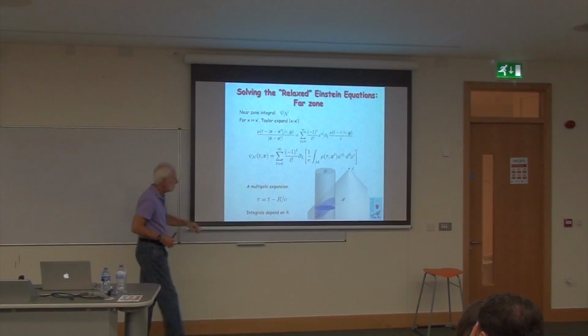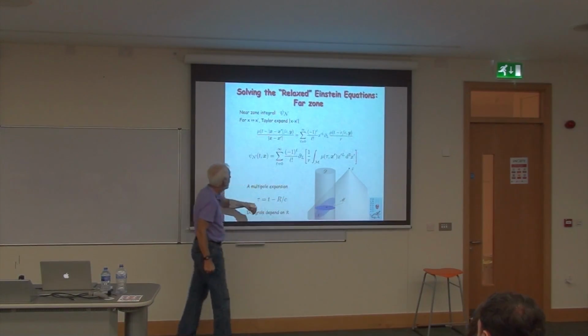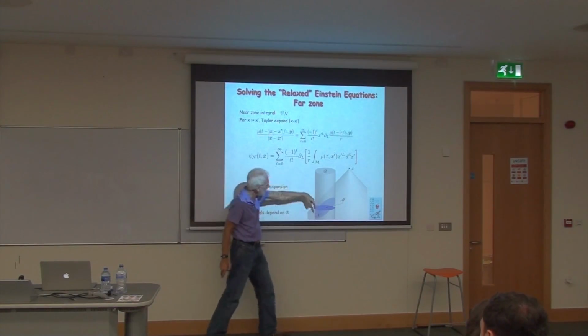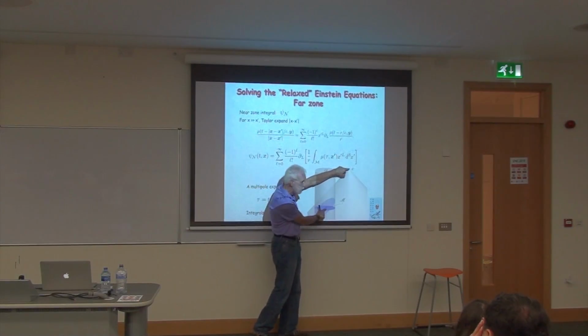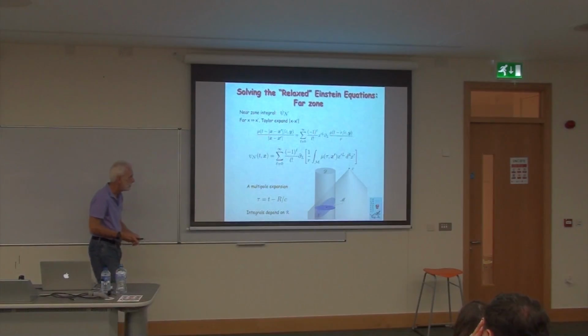But inside this zone, I'm assuming the center of my coordinates is at the source. So x prime is some location in this region N. So there's, say, x prime here. We're assuming that this x prime is very small compared to the distance to our field point out there in the wave zone.